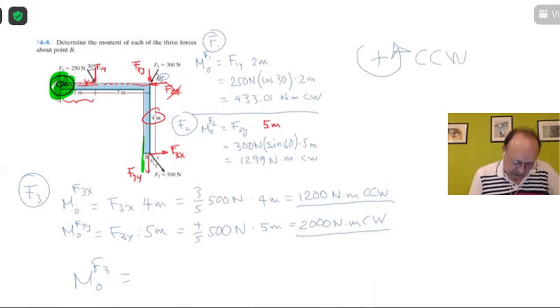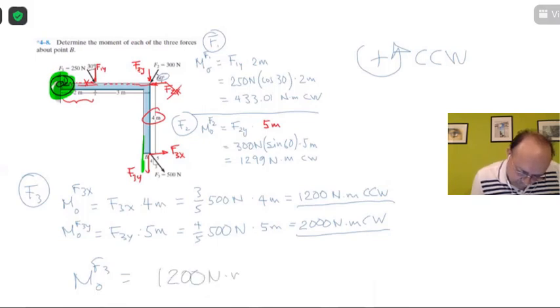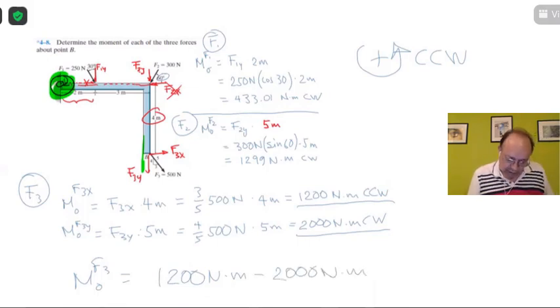So for the moment of F3, 1200 newton meters positive and minus 2000 newton meters because that one is clockwise.